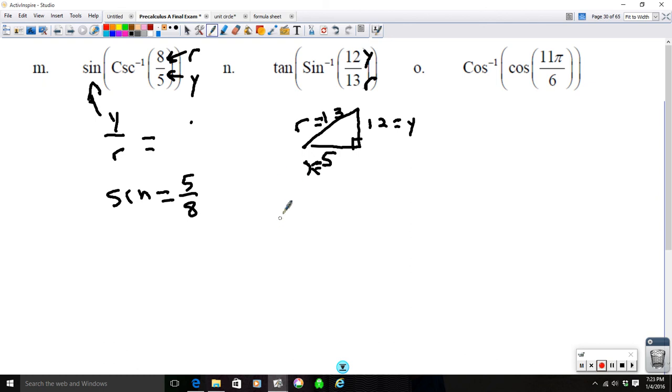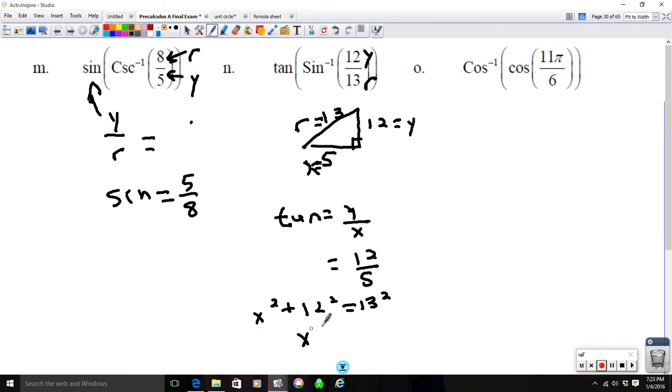And tangent is opposite over adjacent, or y over x, which is 12 over 5. Again, how did I get the 5? I did x squared plus 12 squared equals 13 squared and solve this. And I got my x of 5.